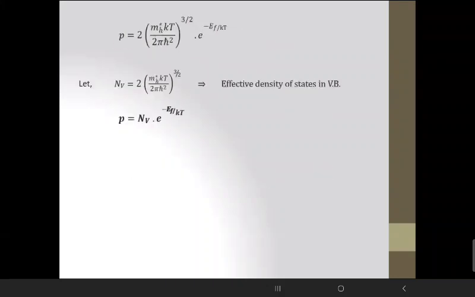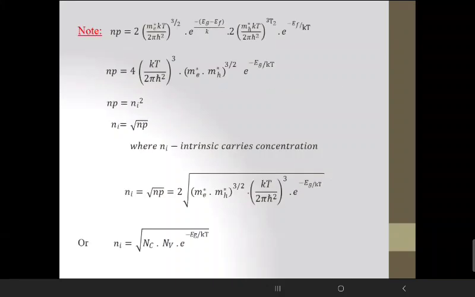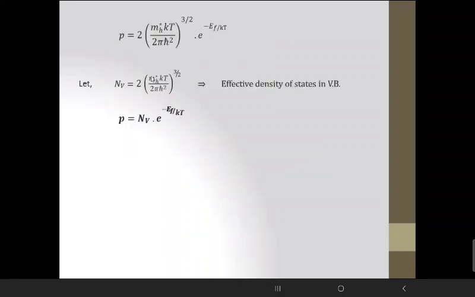When you apply that, you will get this formula.